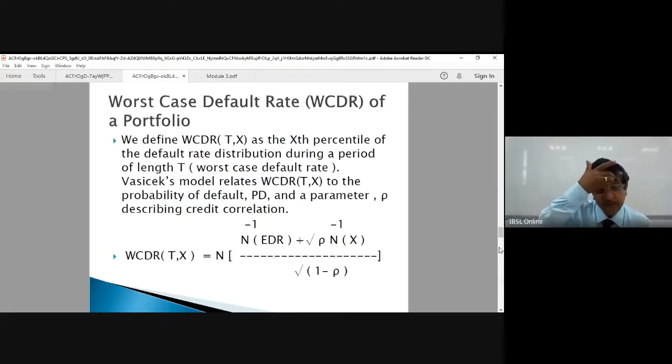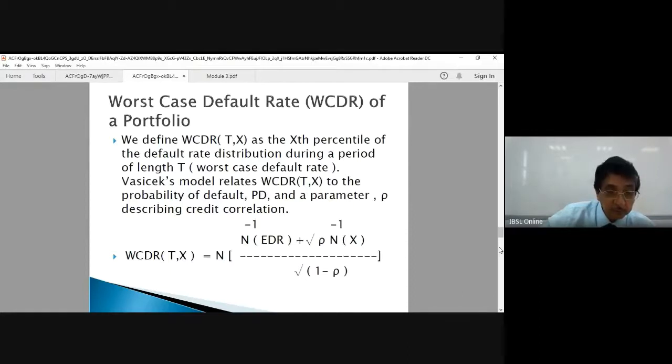The confidence level is given by X, capital X, and we call it the Vasicek model. Today we will have an idea about the credit value at risk, which can be connected to this formula.